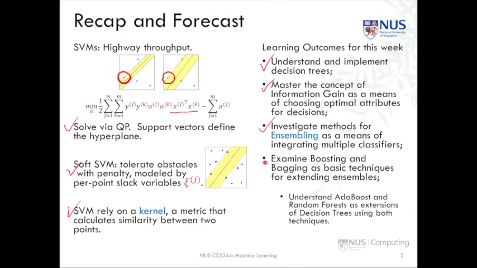We're also going to understand boosting and bagging as basic techniques for extending the idea of ensembling, and we're going to see how boosting and bagging play out in two particular algorithms that are applicable to decision trees, namely AdaBoost, which is related to boosting, and random forests. That's an example of a bagging algorithm. Let's get started now.